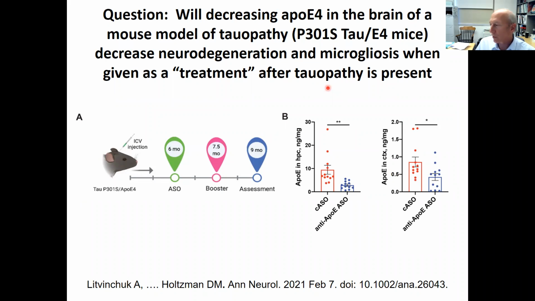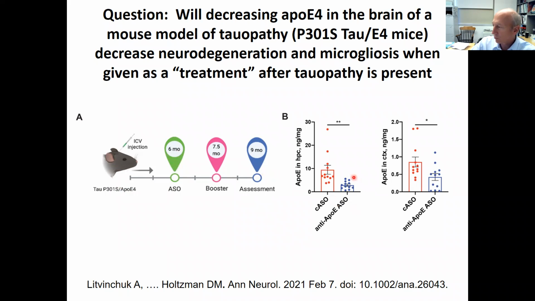Translationally, is this something that you could actually approach and have an effect on? We took these same tau E4 mice, used the same ASO to APOE that we'd used before, and waited until the mice were 6 months old, when they are already developing some tau pathology and a little bit of neurodegeneration. We then gave them this ASO starting at this age and followed them out to 9 months of age.